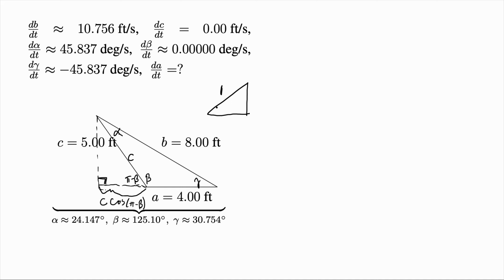Then, if your angle was pi minus beta, we have sine of pi minus beta and cosine of pi minus beta. But wait, the hypotenuse is c, so let's multiply everything by c. Yep. So c times cosine of pi minus beta would be that length. Okay, so let's just erase the rest of that right there.